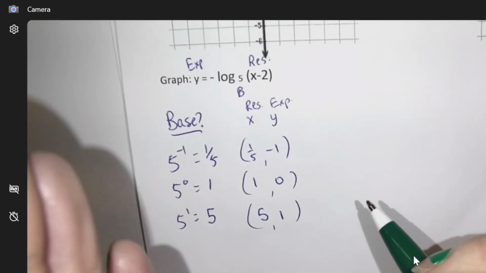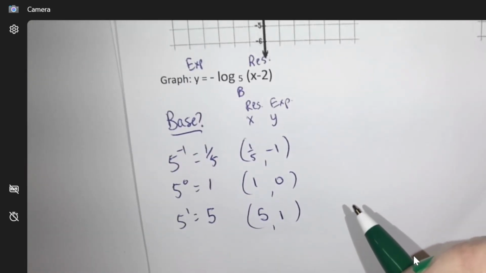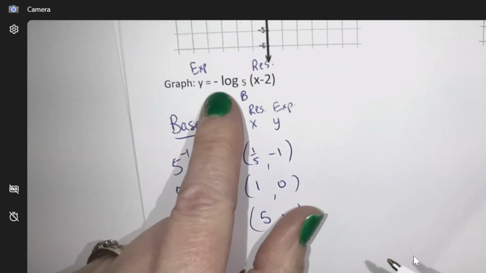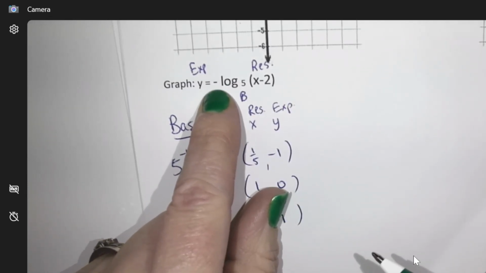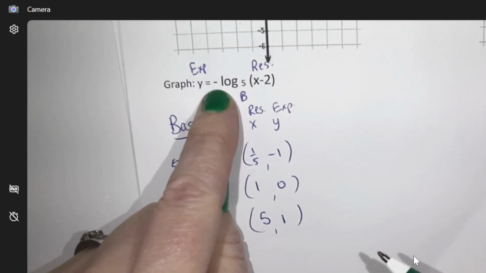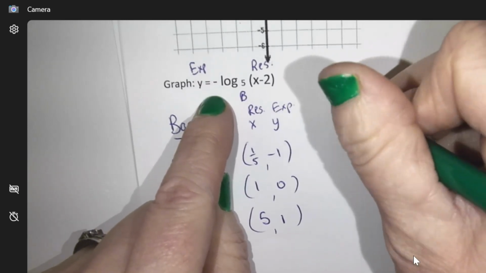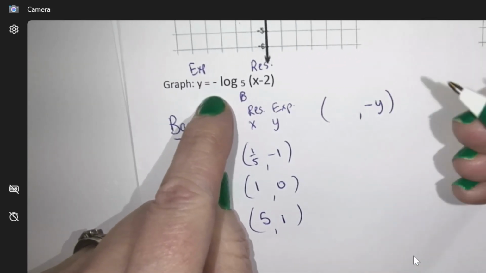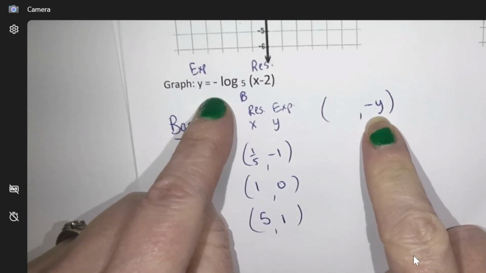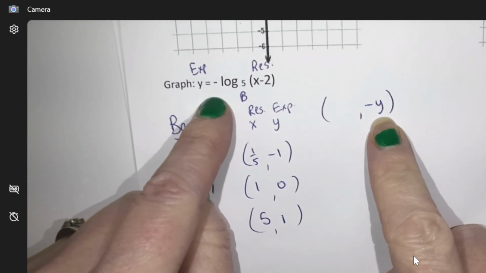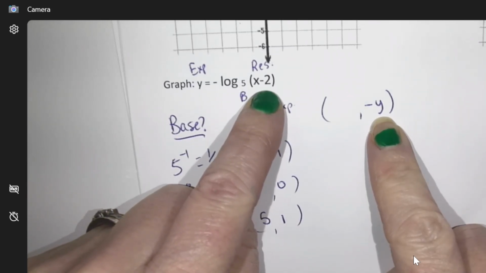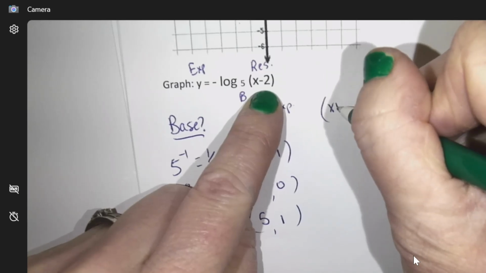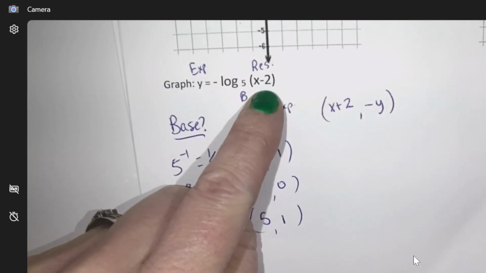Okay, now, that's the original, and now I've transformed two things. I have a negative here and a 2 here. Okay, what kind of letter transformation is this? The A, B, C, or D? A. So I'm going to have to do negative on the Y values. And then this is a C. So I'm going to add 2, right?